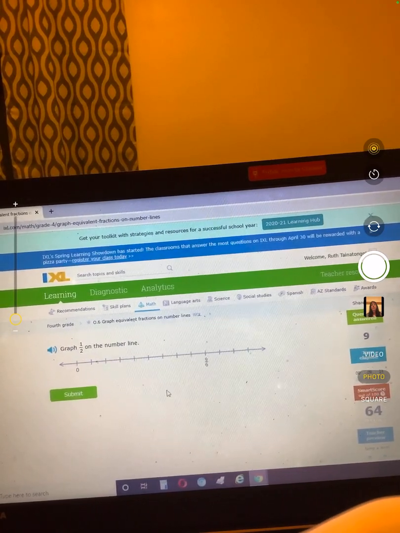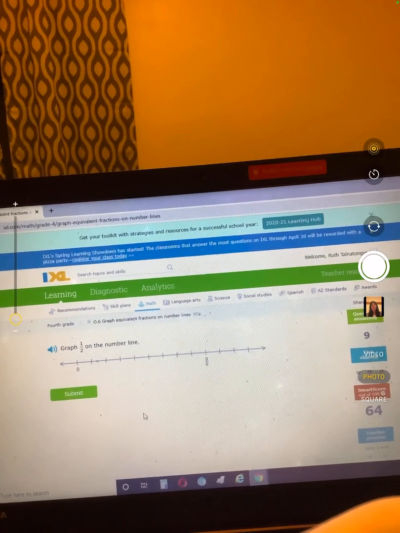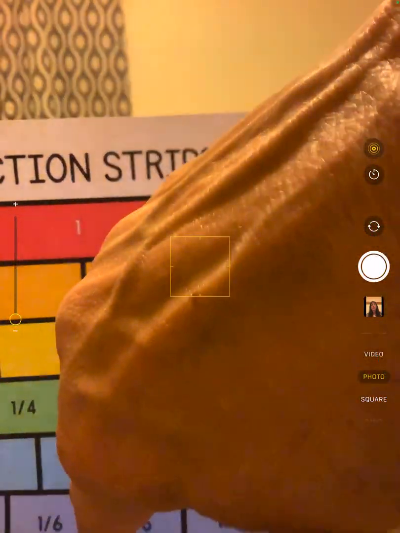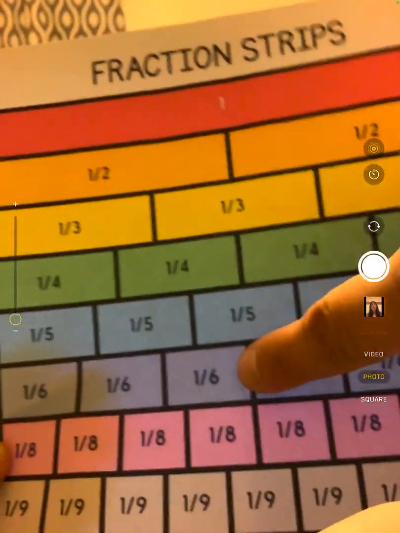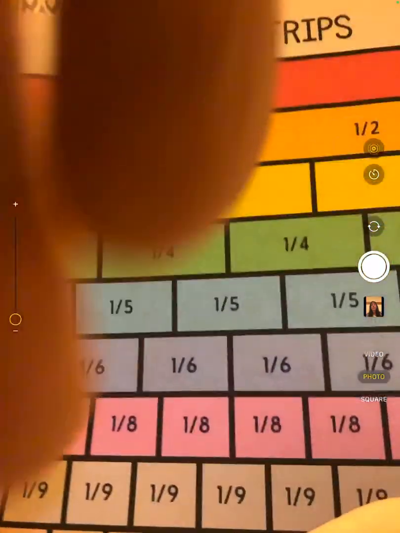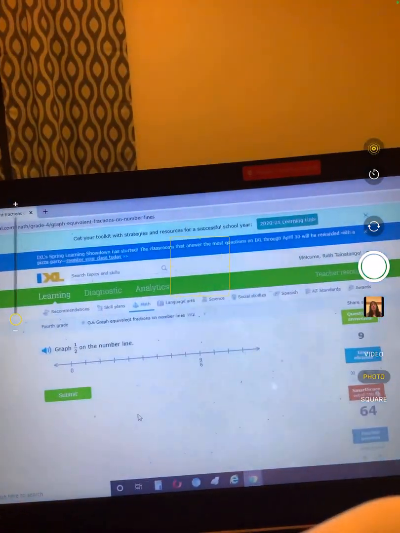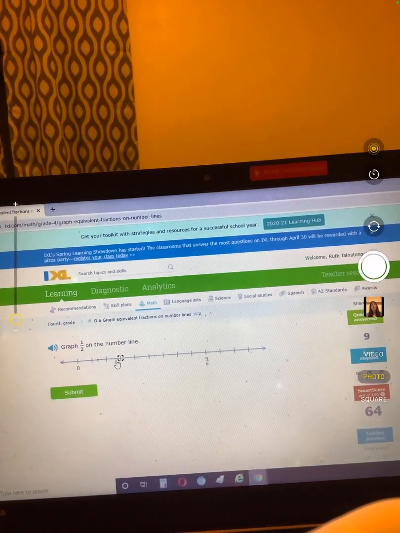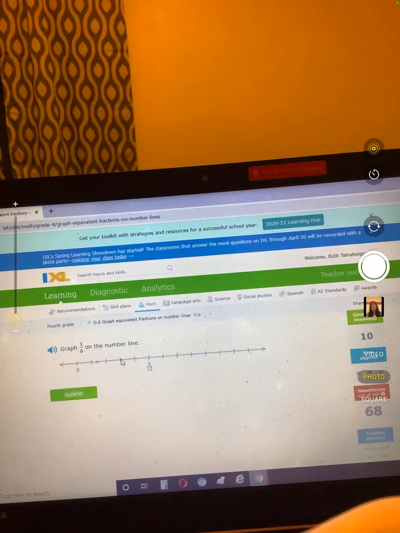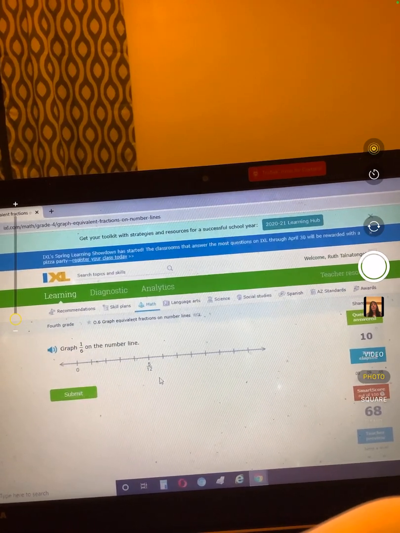This is sixths again. 1/2 on the number line. So if I go down 1/2, it's right there. How many sixths? 1, 2, 3. It matches up with 1/2. Okay? 1/6 on the number line.